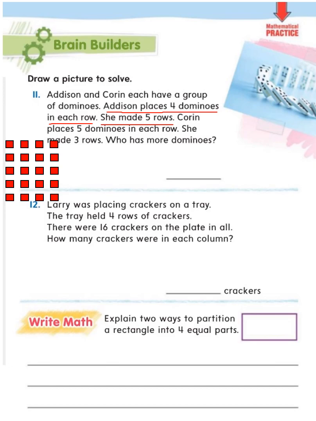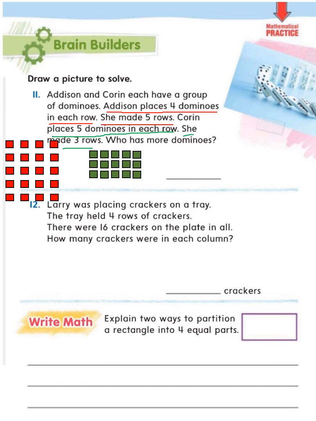Corinne places 5 dominoes in each row. She made 3 rows. Okay, I'm not going to draw it, but you can. 1, 2, 3, 4, 5. Well, there's 1 row with 5. That's 2 rows with 5. That's 3 rows with 5.